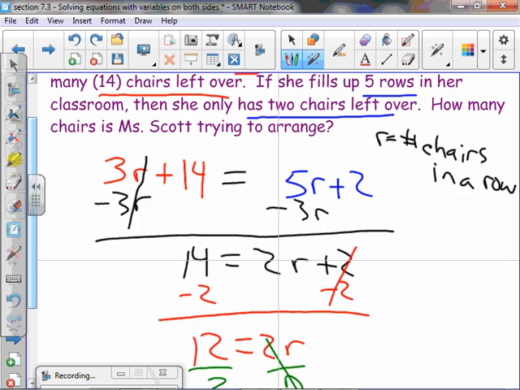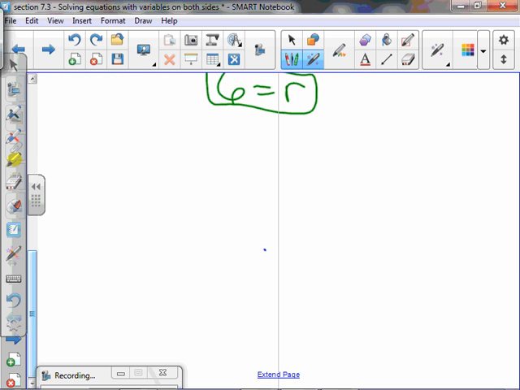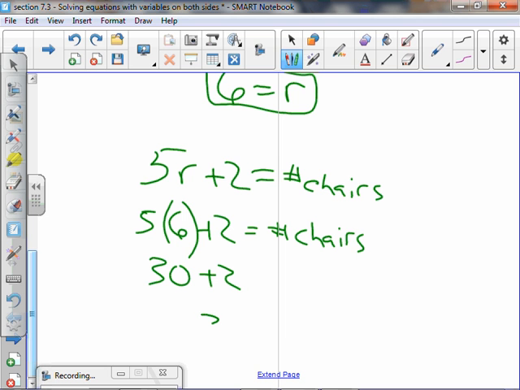Okay? 5R plus 2 is one way that she tried to arrange her chairs. 5R plus 2, I know that has to equal her number of chairs. And what I'm going to do is, I know what R is now. 5 times 6 plus 2 is going to be number of chairs. Well, 5 times 6 is 30 plus 2, so I know that she has 32 chairs.